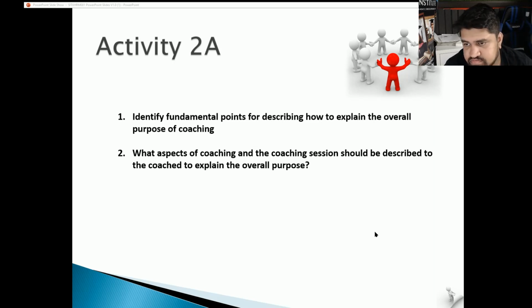So when we assess them, we want to clearly brief them on what the assessment structure will be like, what we're looking for, so the learner or the employee can understand what they should be showing us, what they should be focusing on, and what they will be assessed on.